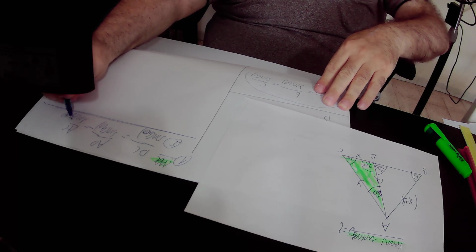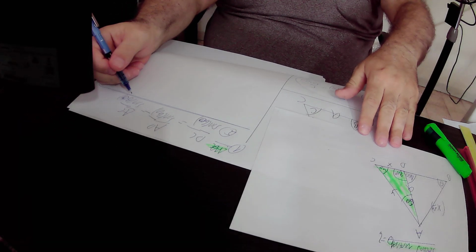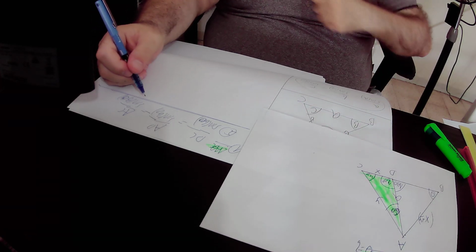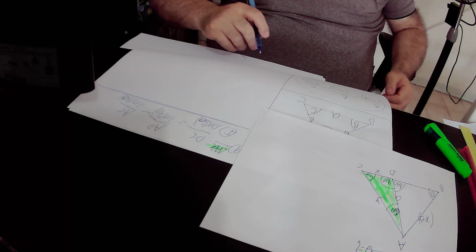So here, equation number 1 is the implementation of the law of sines in the green triangle ADC.